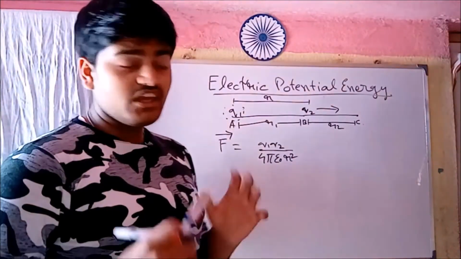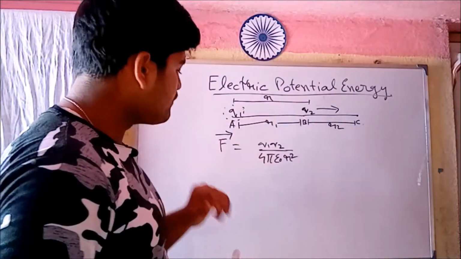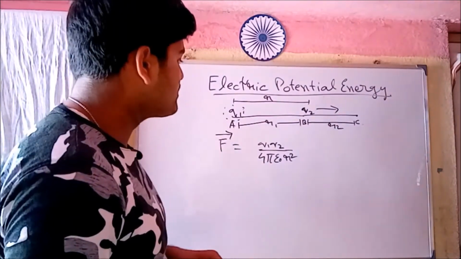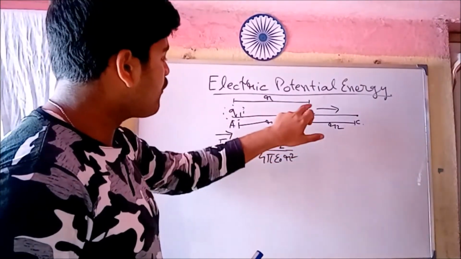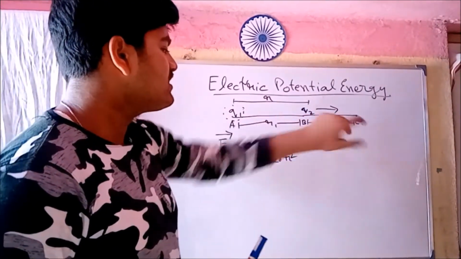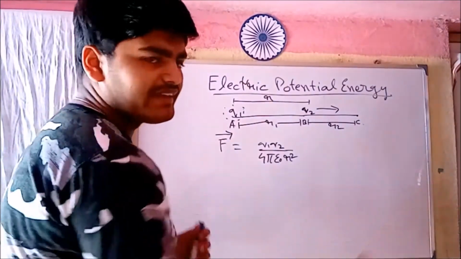Now, finding the work done in shifting the charge Q2 from B to C will be somewhat of a big task.